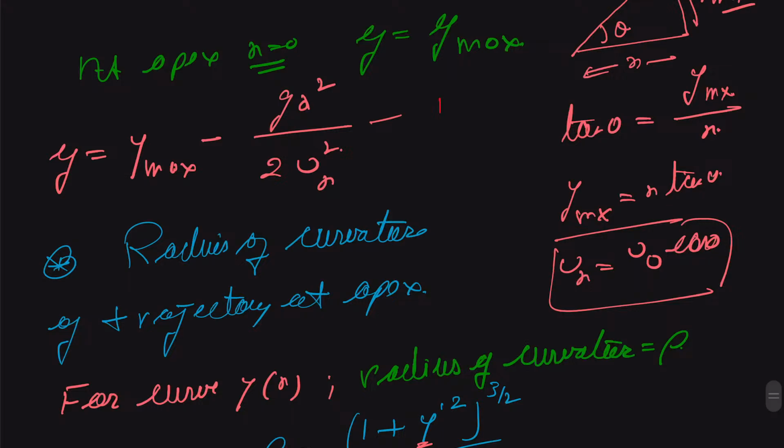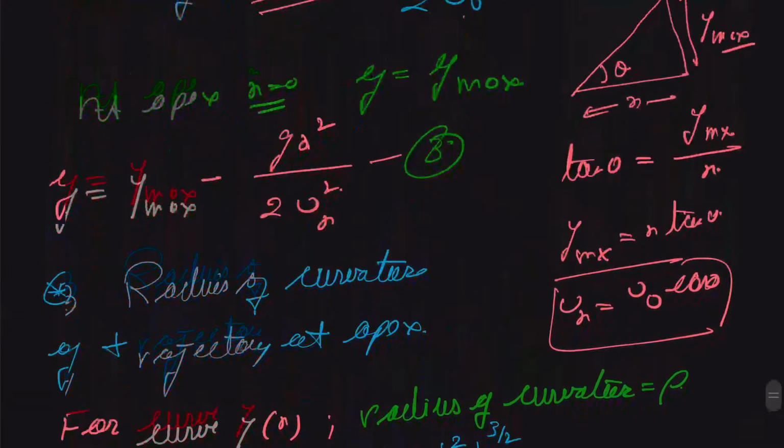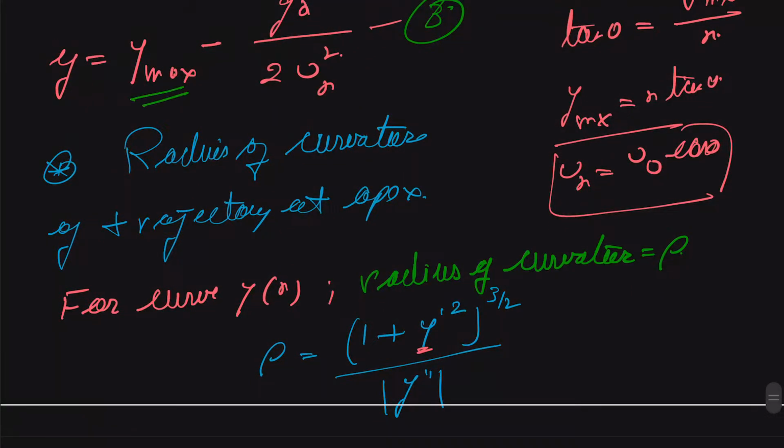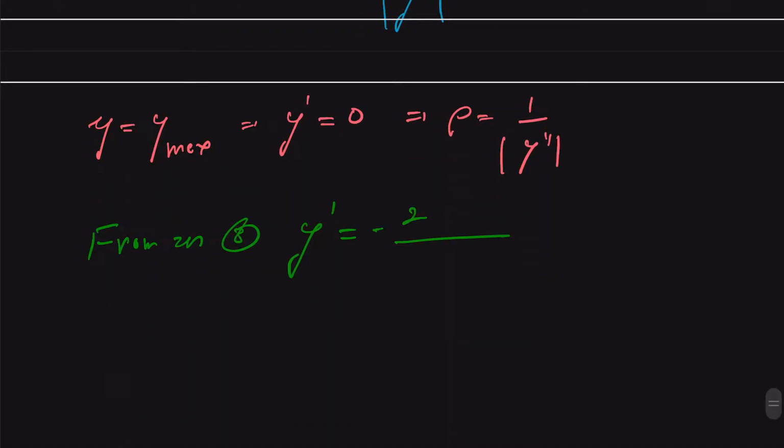Let us call this equation number 3. So from equation 3, y prime will be 0 because it is the maximum value, and y double prime is minus 2g upon 2 v naught, sorry, v x square.